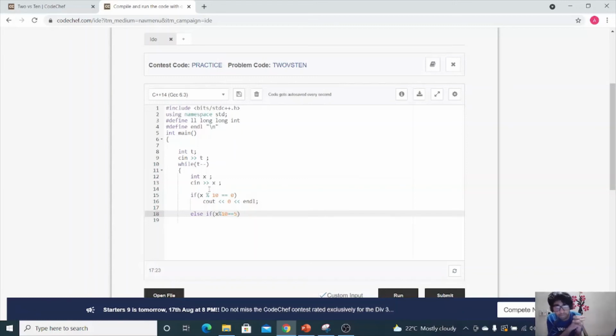The remainder is 3. How? 10 fours are 40, and 43 minus 40 is 3. Always, due to the property that 10 has 0 as its units digit and all its multiples have the same property, whenever we divide a number by 10 and take the modulus, we get the last digit of that number. Hence, now we are checking if that last digit is 5.